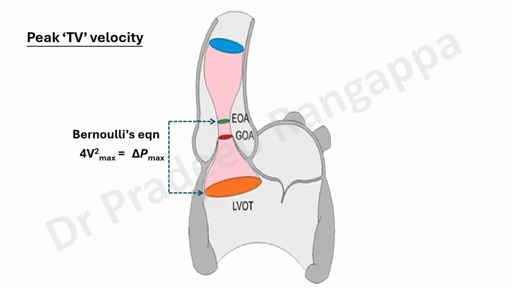So Bernoulli's equation calculates the pressure gradient as 4 into peak velocity squared. That is the equation used to calculate the gradient from velocity, which the echo machine does for you. And the mean pressure gradient is calculated by averaging the instantaneous gradient. That gives you the mean pressure gradient.